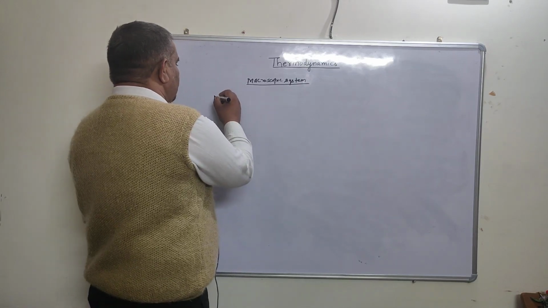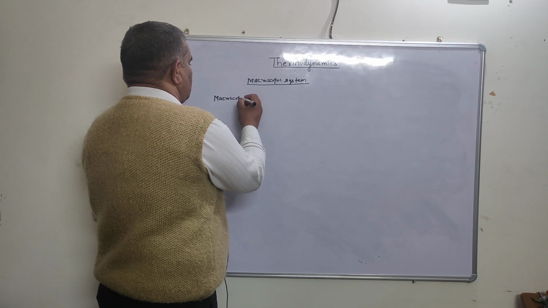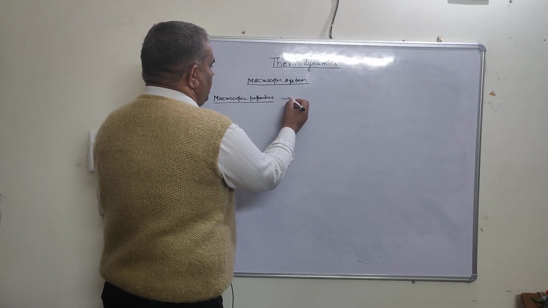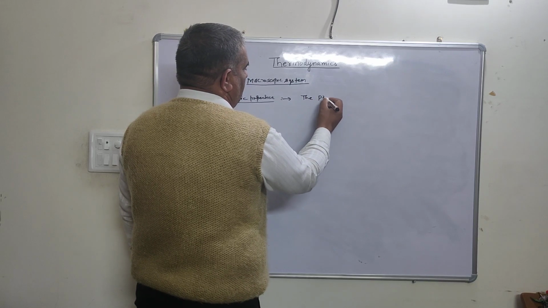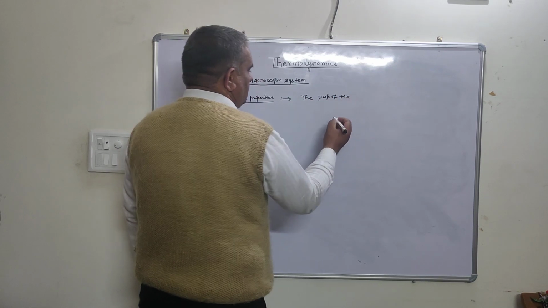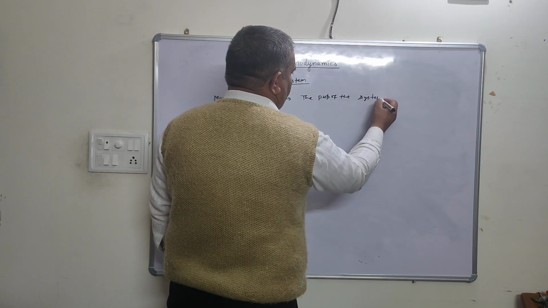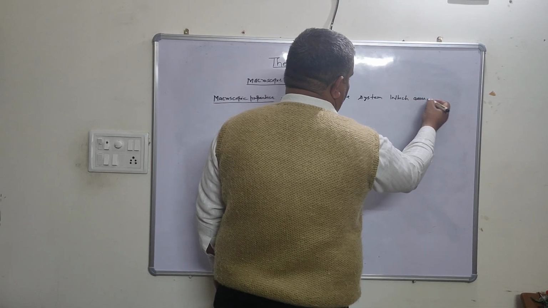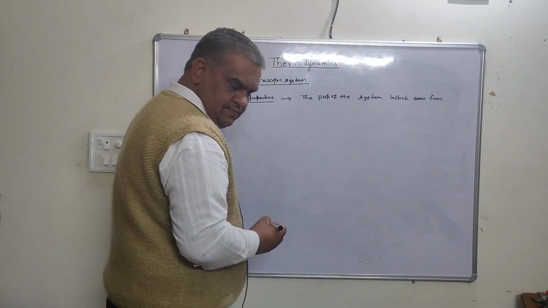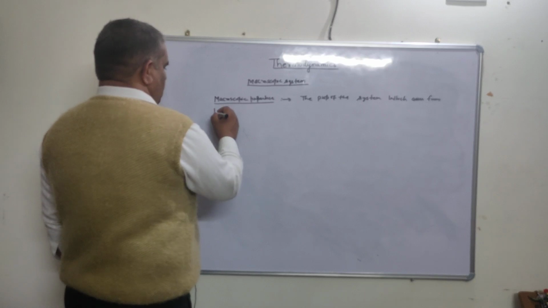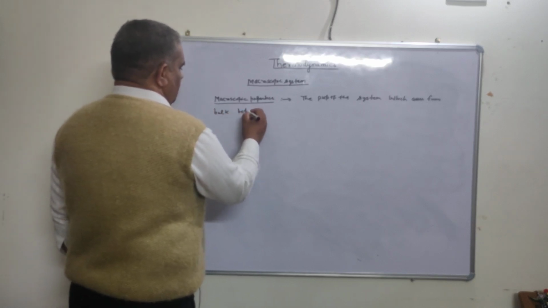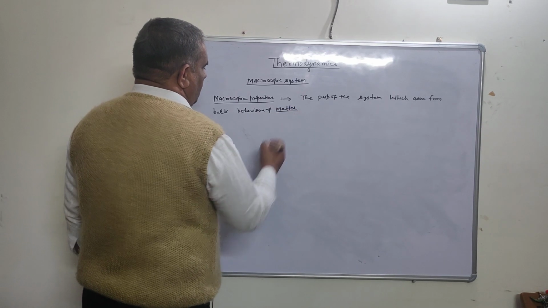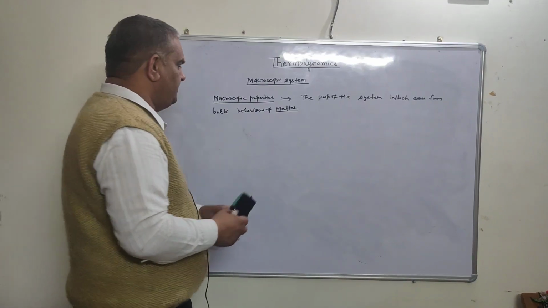And the properties of the system which arise from the bulk behavior of matter are called macroscopic properties. It is of two types.